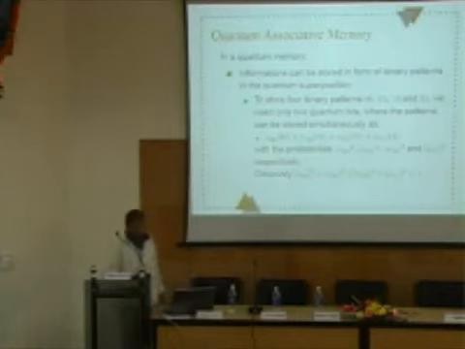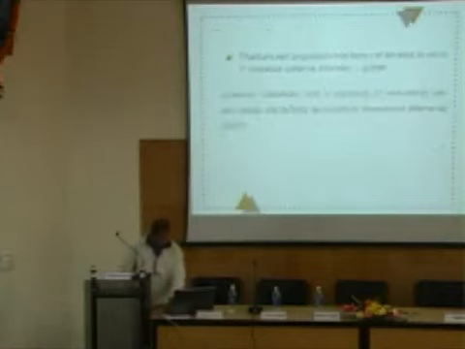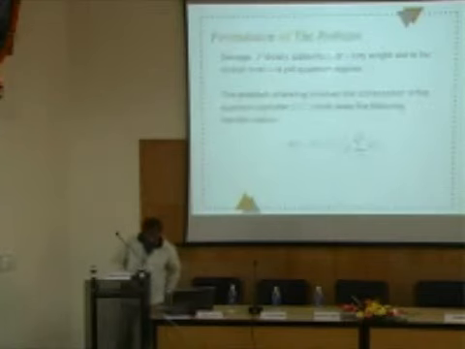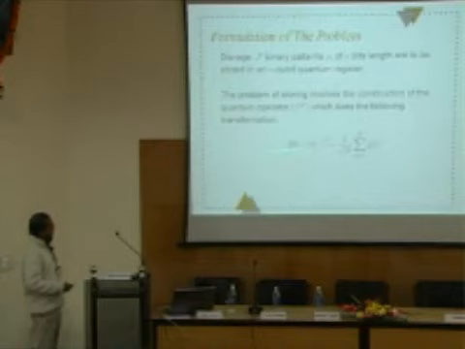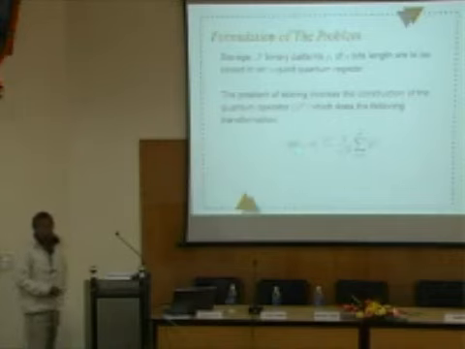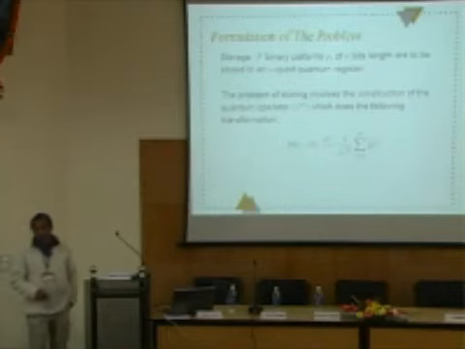And then, okay, here is the problem. You start with this all-0 state qubit register, and find an operator that would transform this to pi, the required pattern to be stored, and like that I have capital P number of patterns.